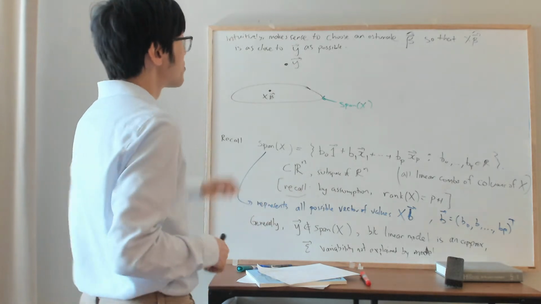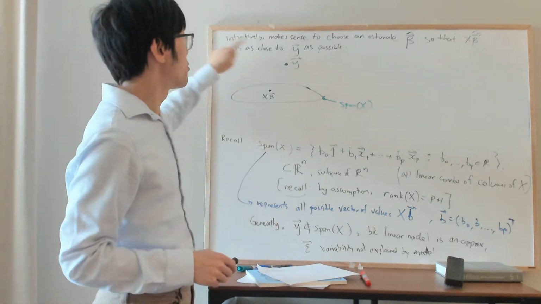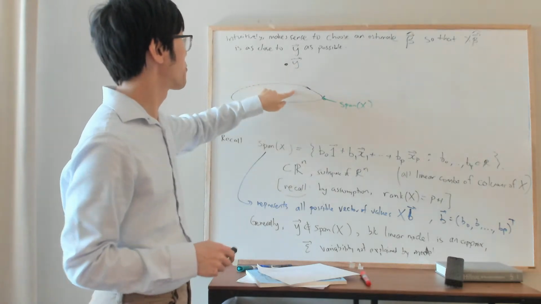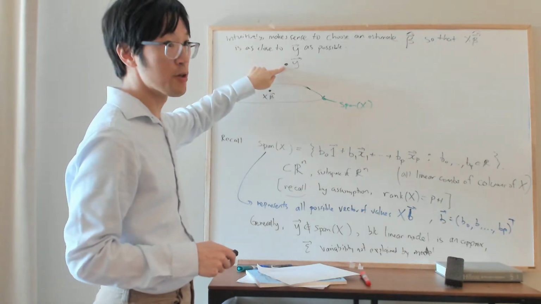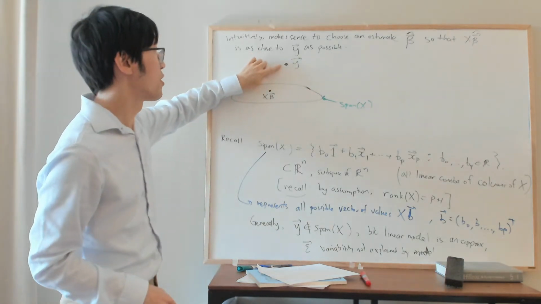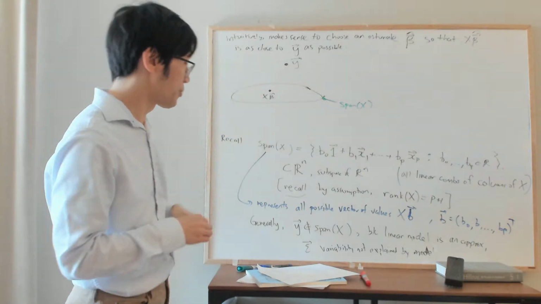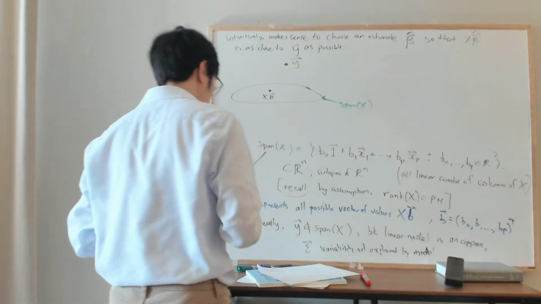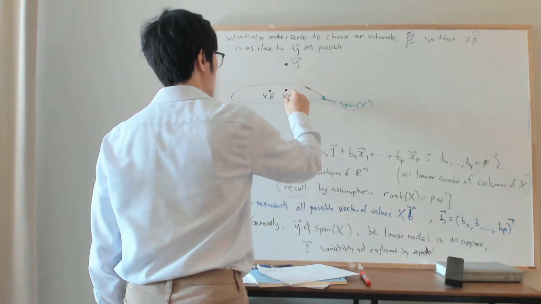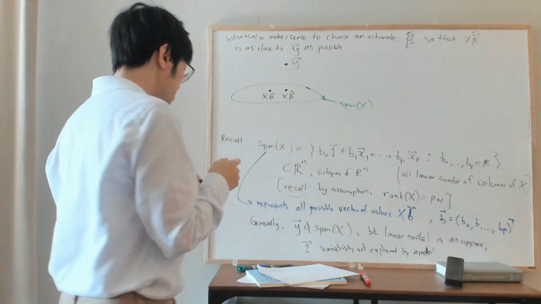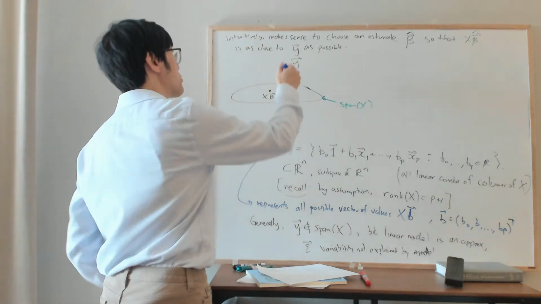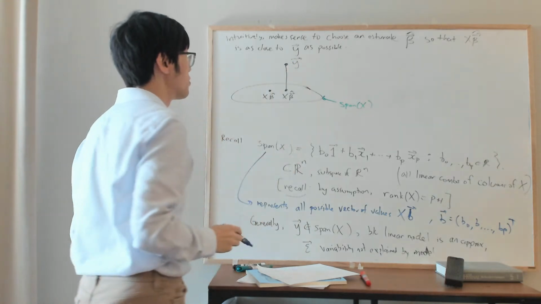Now, intuitively, where would we choose? Where on the span would it be closest to the vector of responses y? That's what we're going to call x beta hat. The reason I draw it this way is that now you have this vector difference.